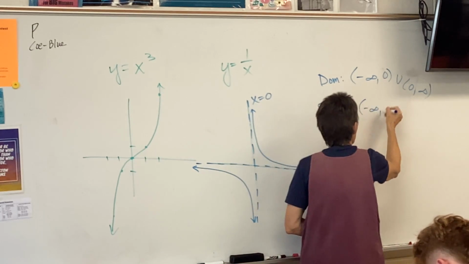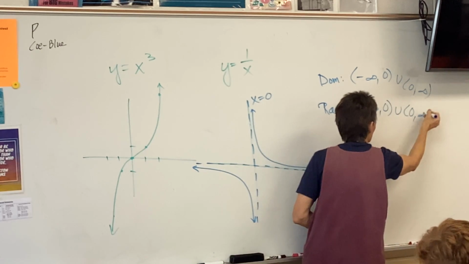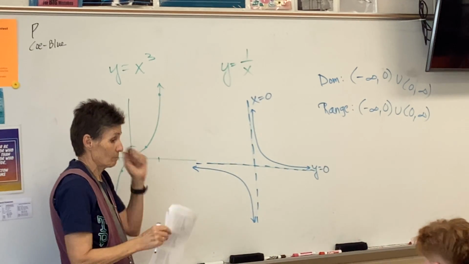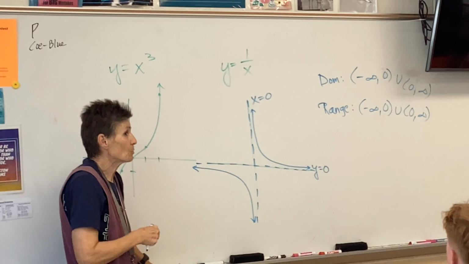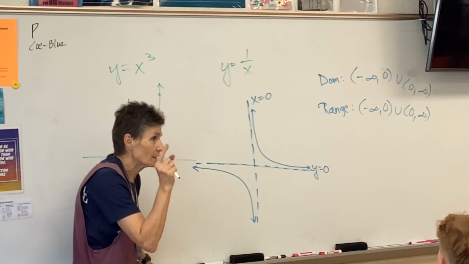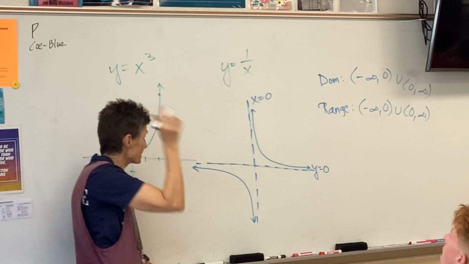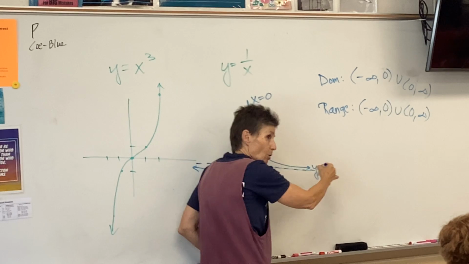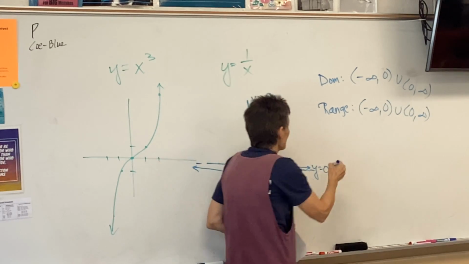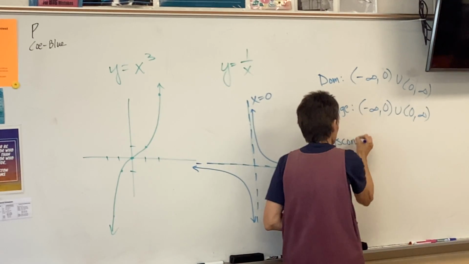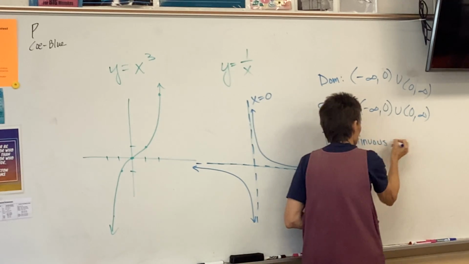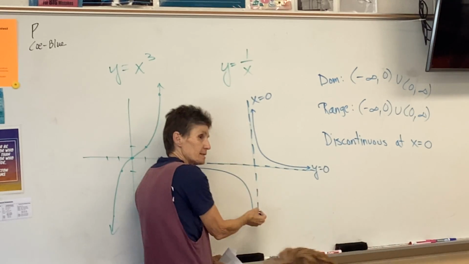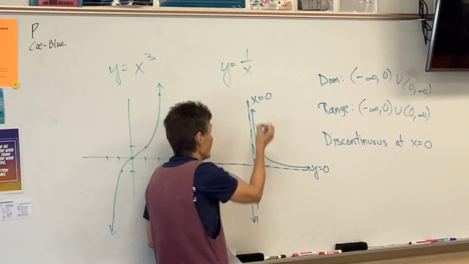Same thing. Everything but 0. Is that continuous? Absolutely not, because I can draw a piece, then I have to pick my pencil up and draw the other piece. So it is discontinuous at x equals 0. Everything is going great till I get to 0. Then I have to pick my pencil up and draw that.